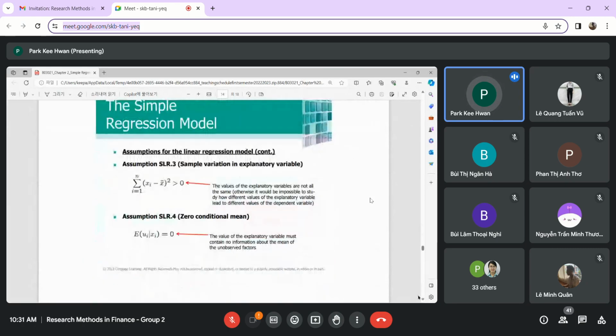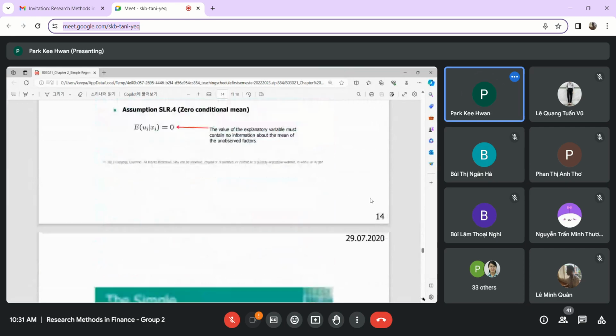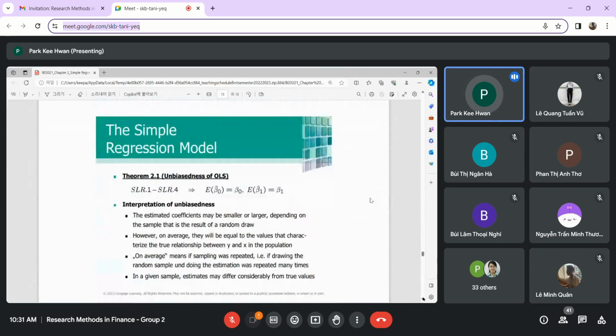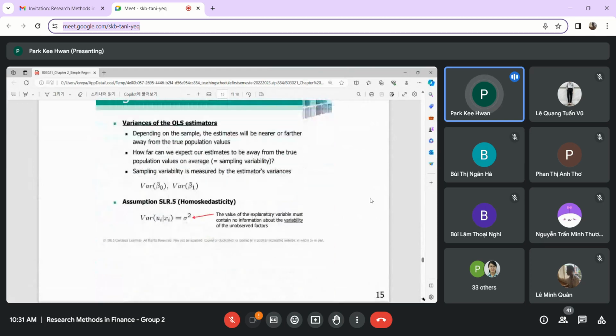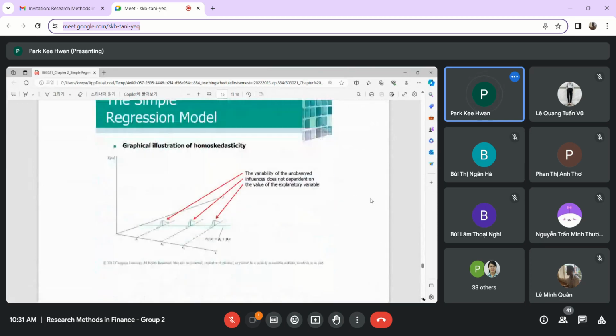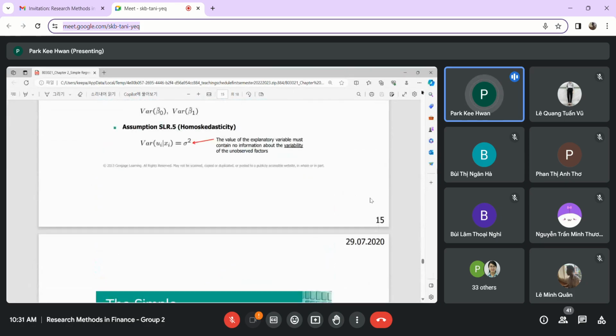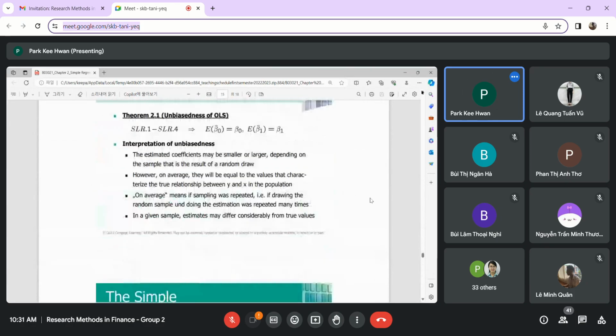The mean of that will be equal to the population parameter. That's why we say OLS is an unbiased estimator.